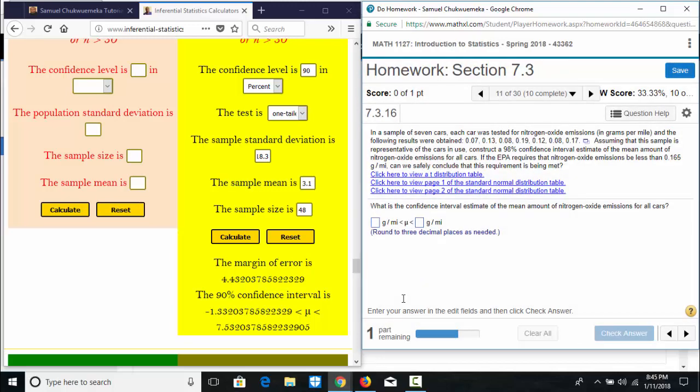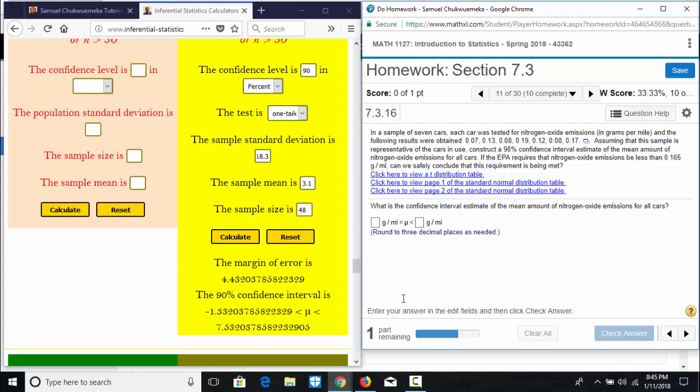Question 11. StatCrunch time. In a sample of 7 cars, each car was tested for nitrogen oxide emissions in grams per mile, and the following results were obtained.